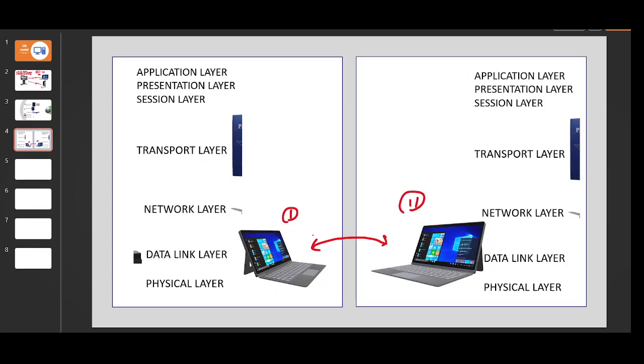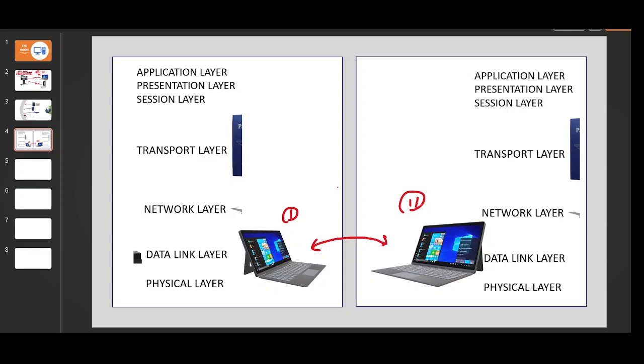And which provides these rules? The OSI model. Because these rules are a conceptual blueprint, they follow these rules on the basis of the conceptual blueprint. Now they can communicate with each other.